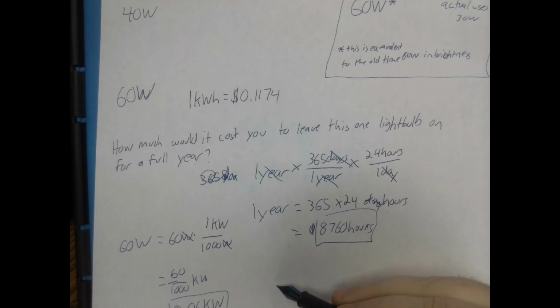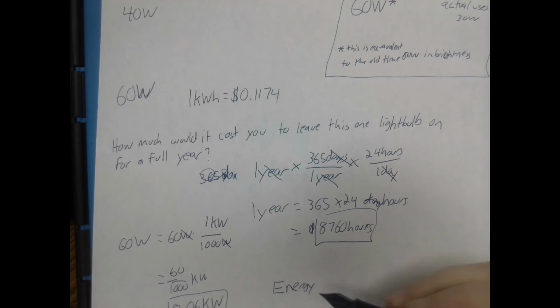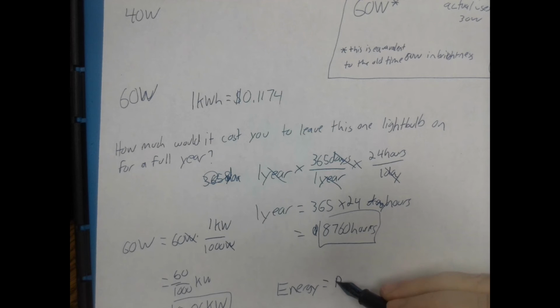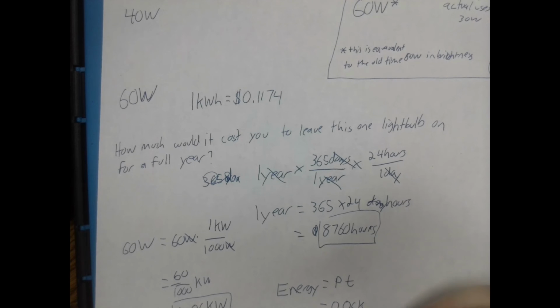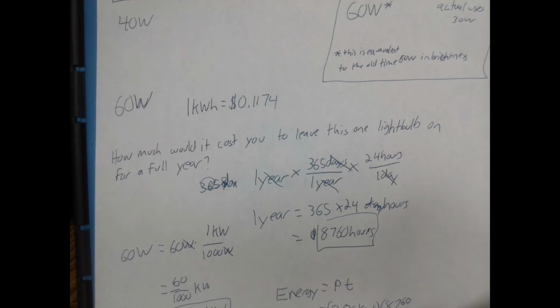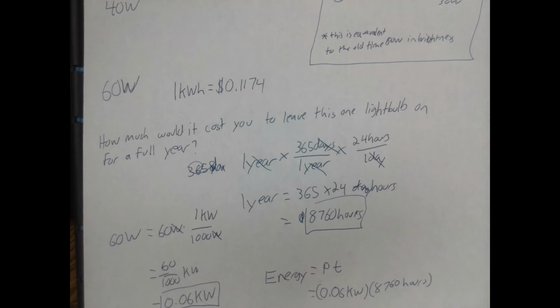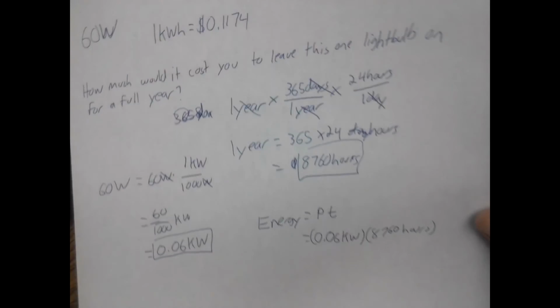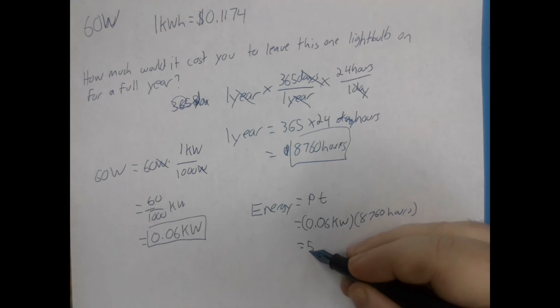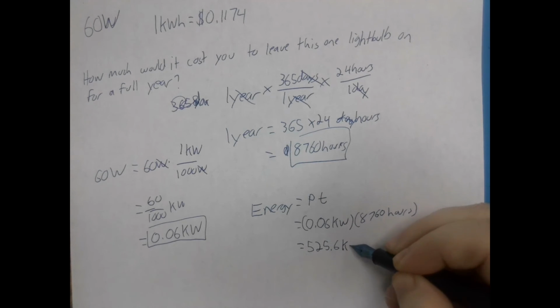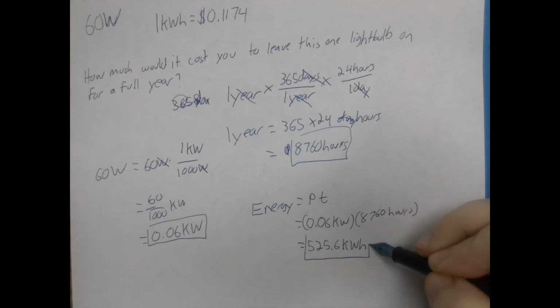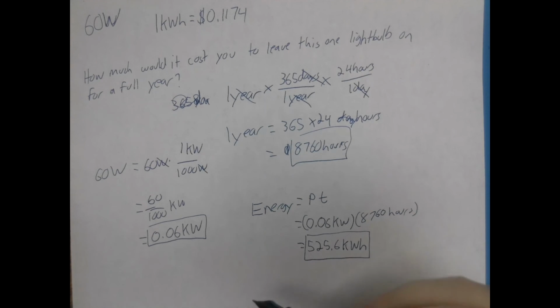Define the total energy. Energy is going to be equal to your power times your time. So our power is 0.06 kilowatts. Our hours is 8,760 hours. So you use a total of 525.6 kilowatt hours. So that's the total amount of power.